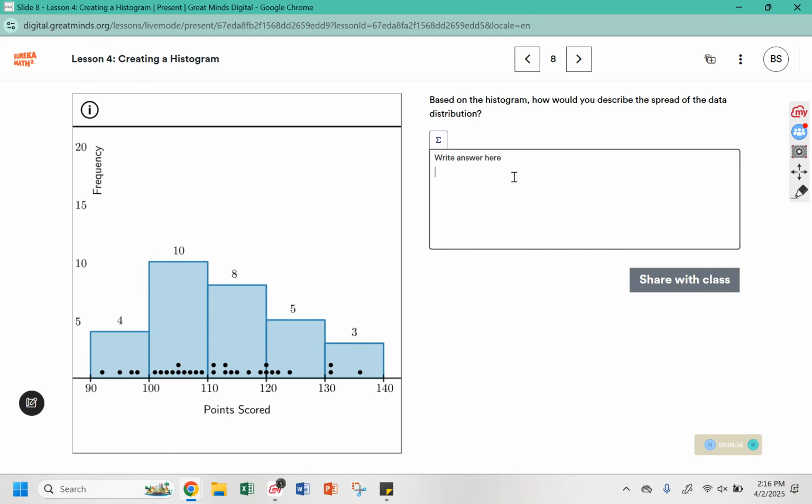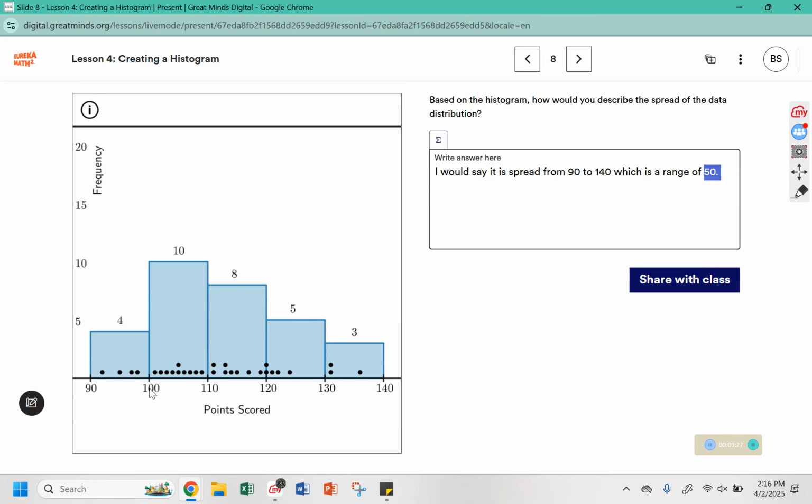Based on the histogram, how would you describe the spread of the data distribution? It's from 90 to 140, which is a range of 50. Now that range is more spread out than the dot plot because we see that the dot doesn't quite go to 90 and it doesn't quite go to 140.